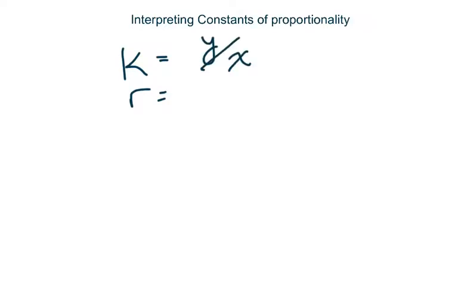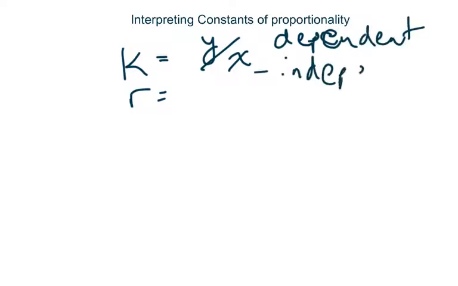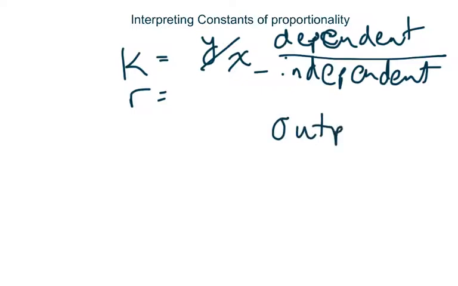Your Y value is usually the dependent, and the X value is usually your independent. Or another way of looking at it is your output divided by your input. So, when we look at proportionality, we're always looking at what value depends on the other to find that value.